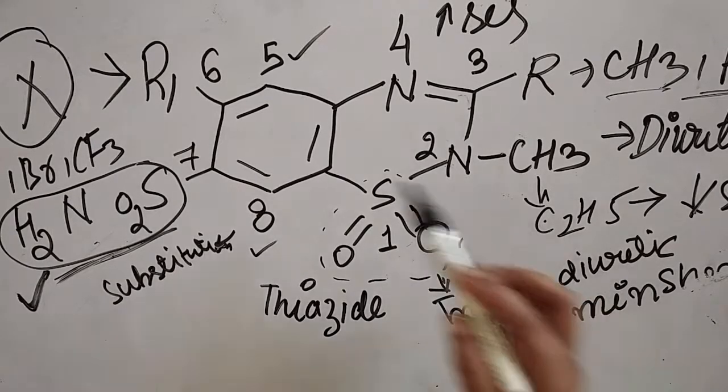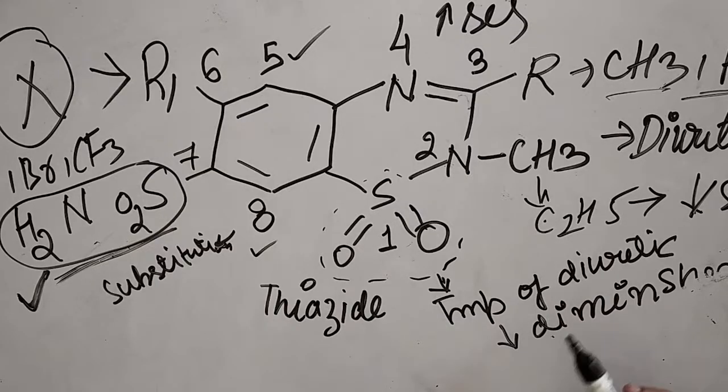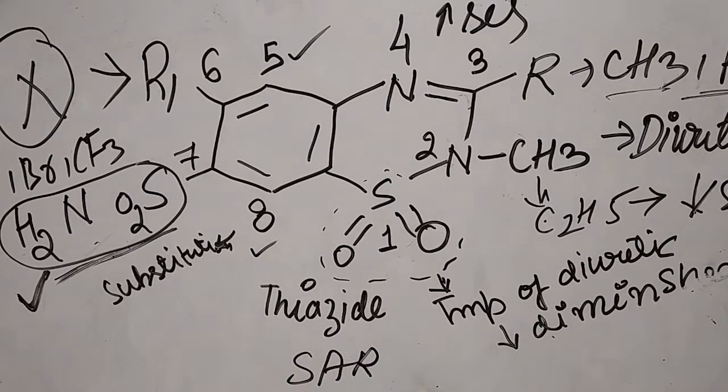So by modifying certain positions, we can study the biological effect. If we alter a functional group with any other functional group, whether the biological activity increases or decreases, that study is called SAR. So here we discussed the SAR of thiazide diuretics, how the functional groups are present at different positions, what their significance is, and how we can replace them with other functional groups.